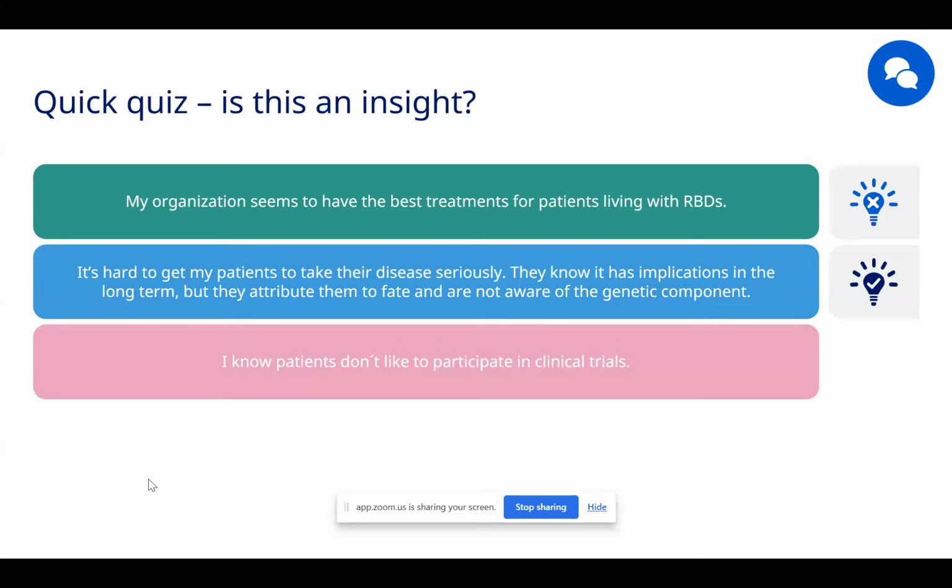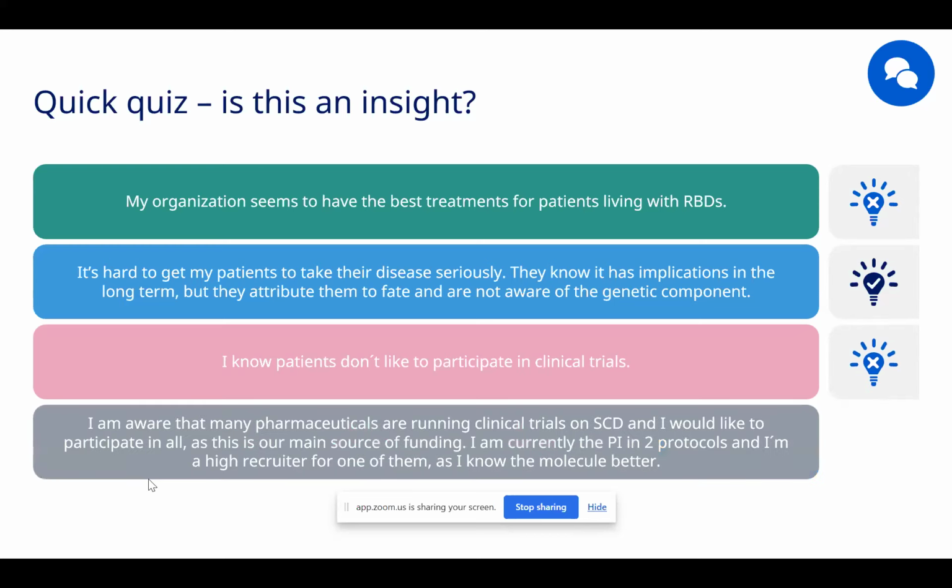"I know patients don't like to participate in clinical trials." What is it? Information. Yeah. And the last one here: "I am aware that many pharmaceuticals are running clinical trials on sickle cell disease, and I would like to participate in all, as this is our main source of funding. I'm currently the investigator in two protocols, and I am a high recruiter for one of them as I know the molecule better."